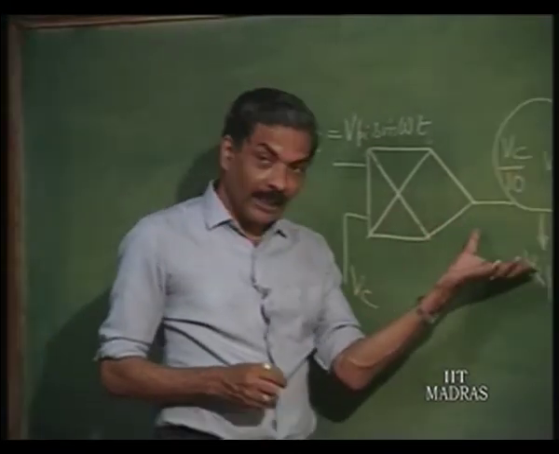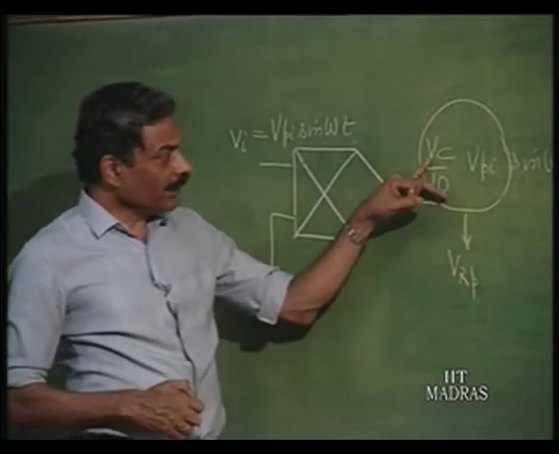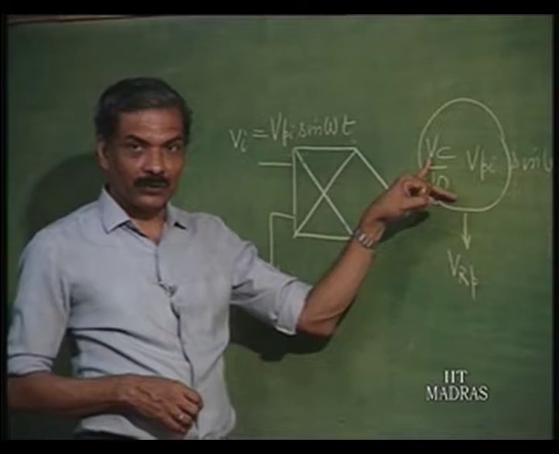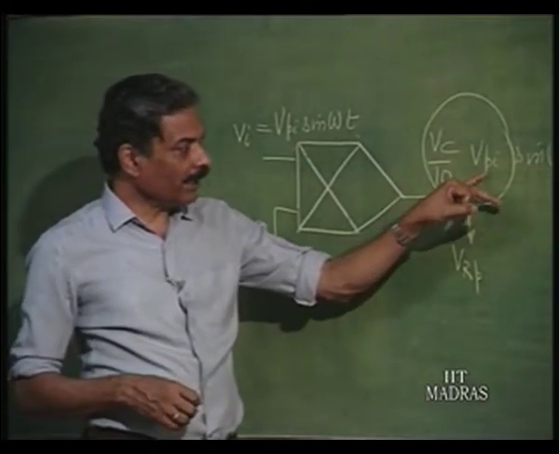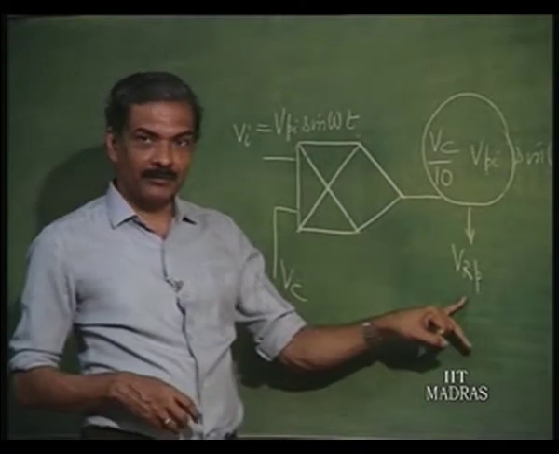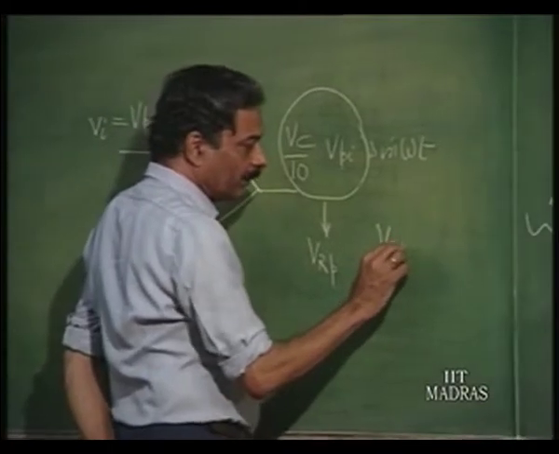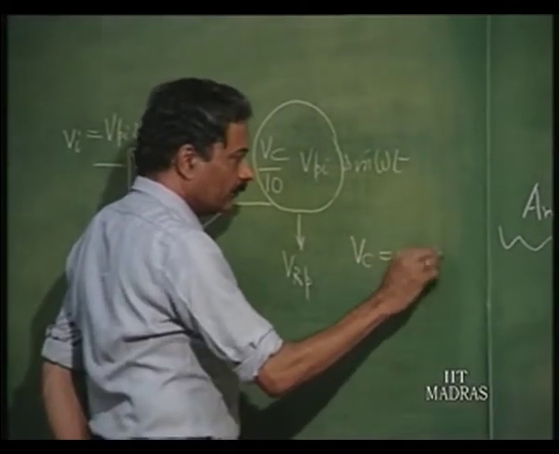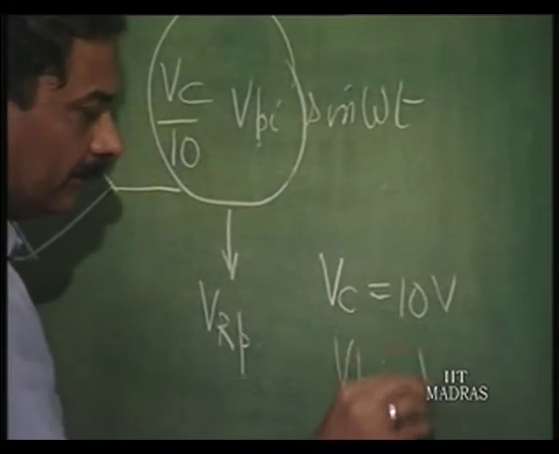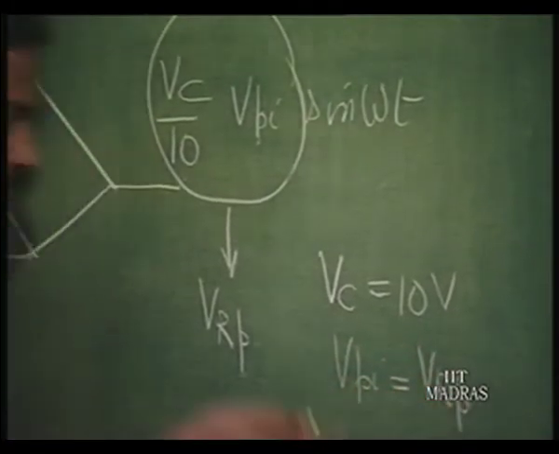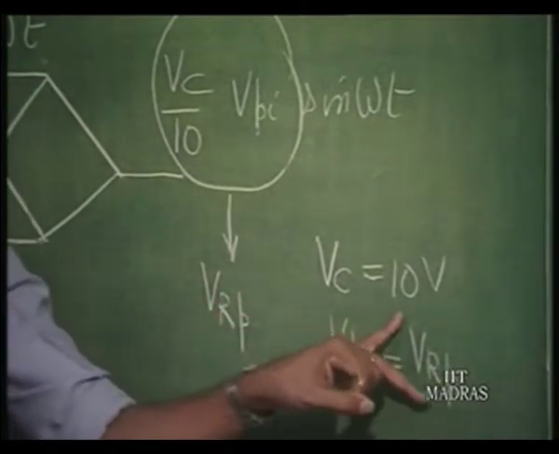Now, what is the range in which this AGC system will work? Let us see. Vc at most can be equal to 10 volts. So, when Vc is 10 volts, Vpi has to be equal to Vrp. Or when Vpi is equal to Vrp, Vc will become equal to 10 volts.